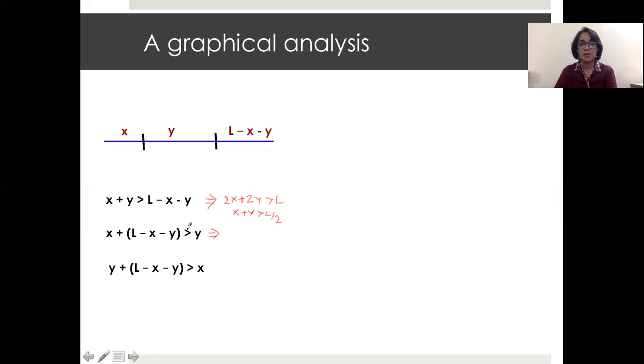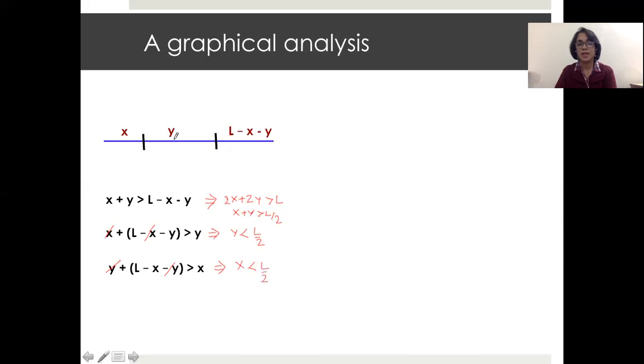In the second inequation, we can cancel x and minus x, and we get L strictly greater than 2y, or y is strictly less than L upon 2. Similarly, in the third one, we can cancel the y and the minus y, and this will lead us to x strictly less than L upon 2.